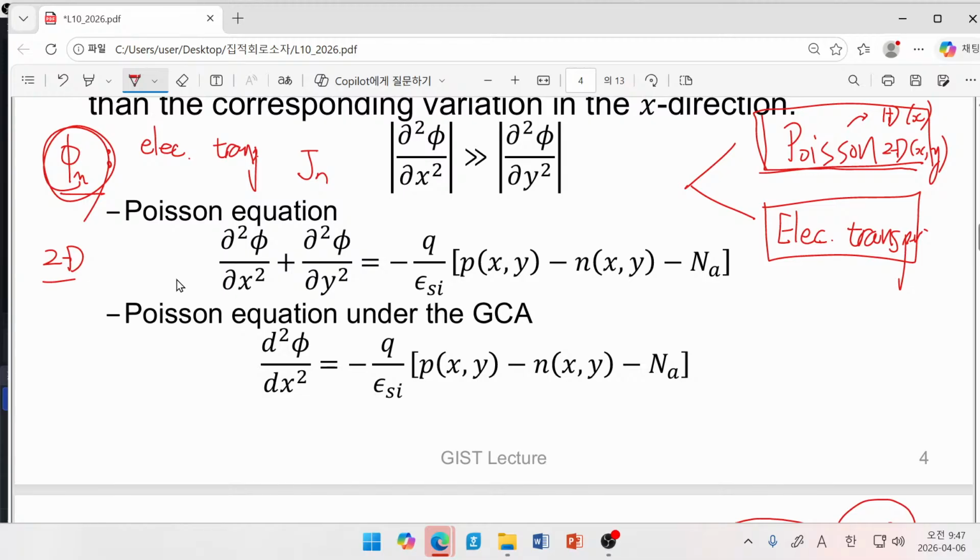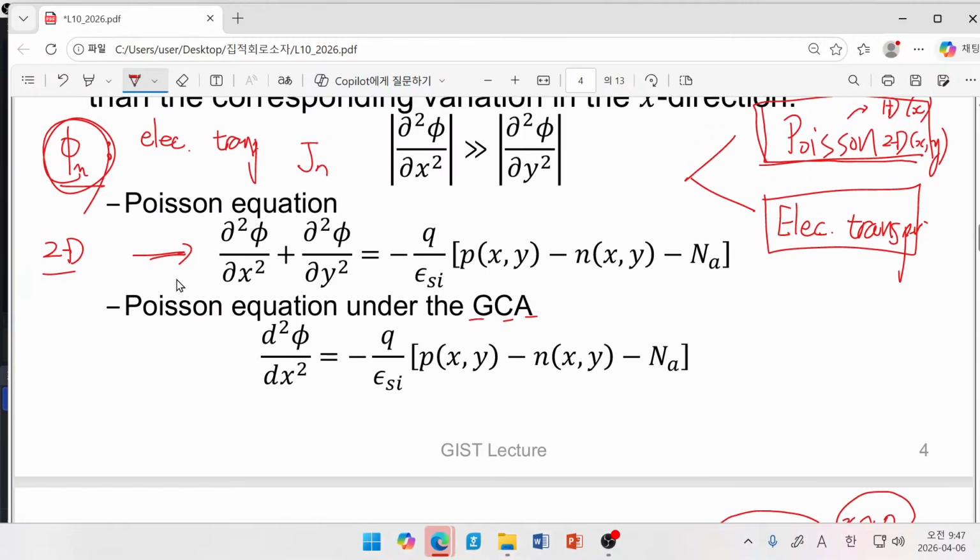So this is the general case. But the gradual channel approximation simply states, and this is quite important, that this is generally valid, but in the gradual channel approximation, we simply neglect this second term and say that the Poisson equation becomes just, once again, the one-dimensional Poisson equation.